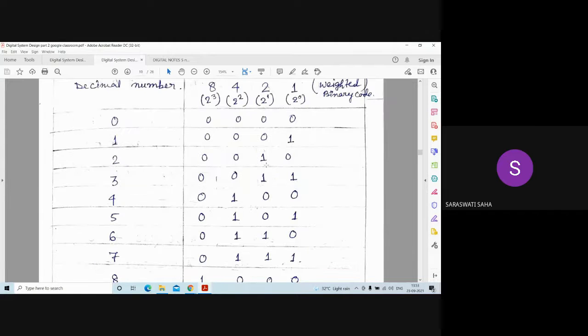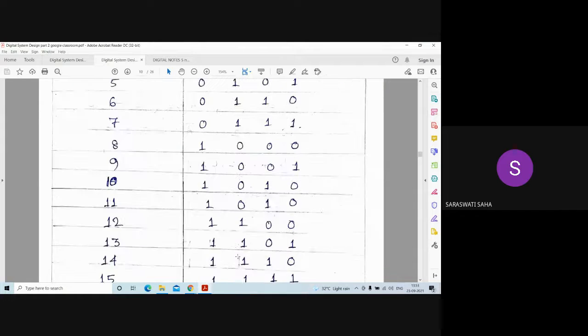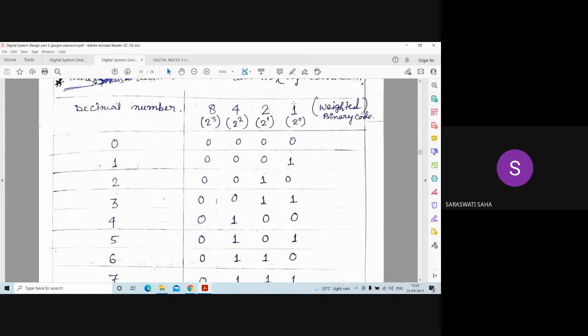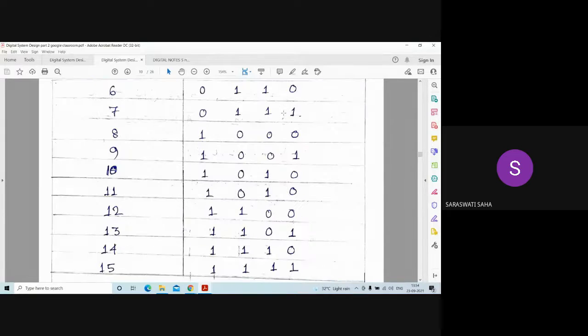For 4-bit representation, it starts from all zeros and ends at all ones. How do you get this value from the weights? When all the bits are 1, the total is 8 plus 4 plus 2 plus 1, because multiplying 1 with each weight gives the weight itself. 8 plus 4 is 12, 12 plus 2 is 14, and plus 1 is 15.